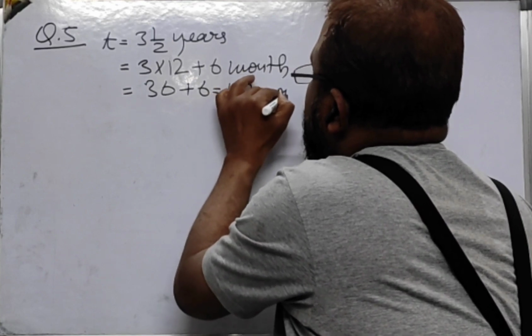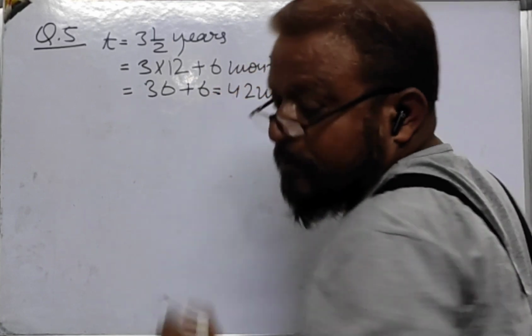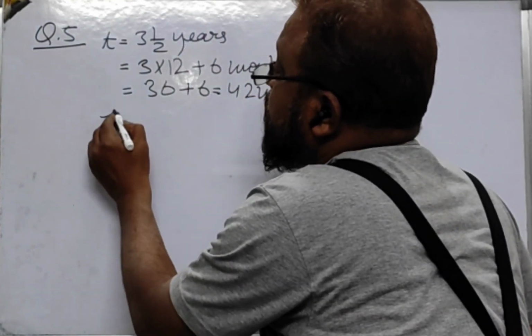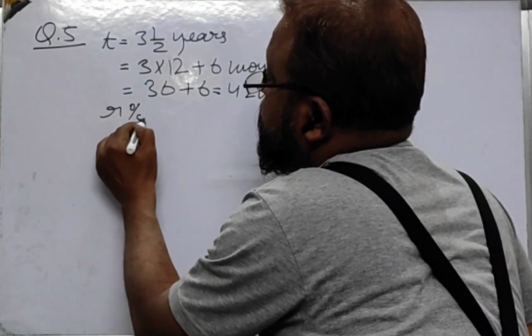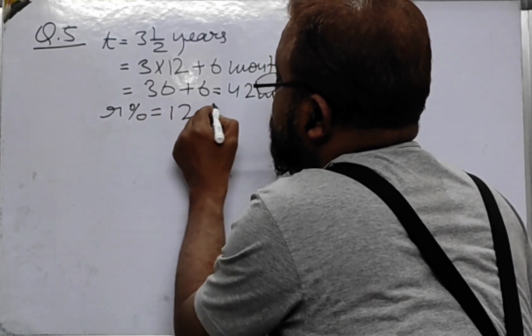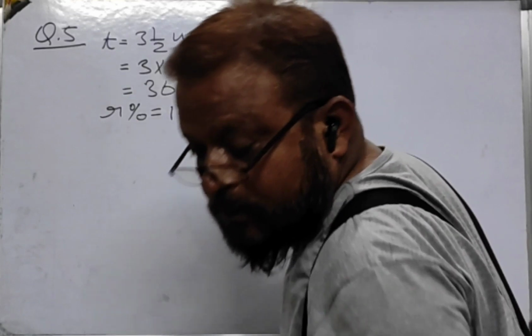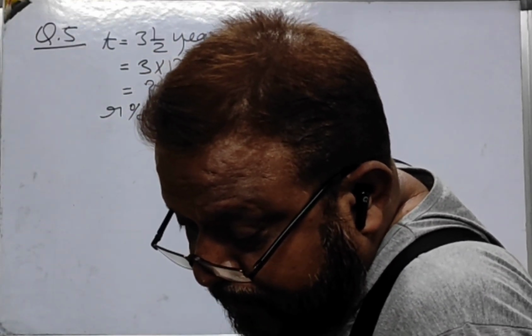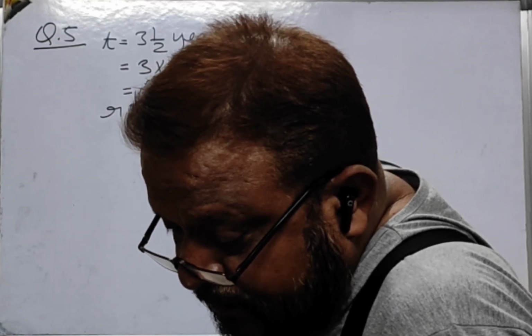So what next do we have? The rate of interest is 12% per annum, and the man gets 10,206 rupees on maturity.